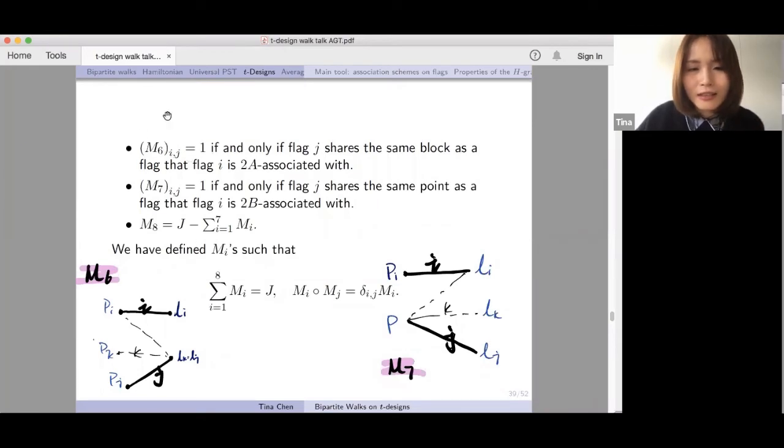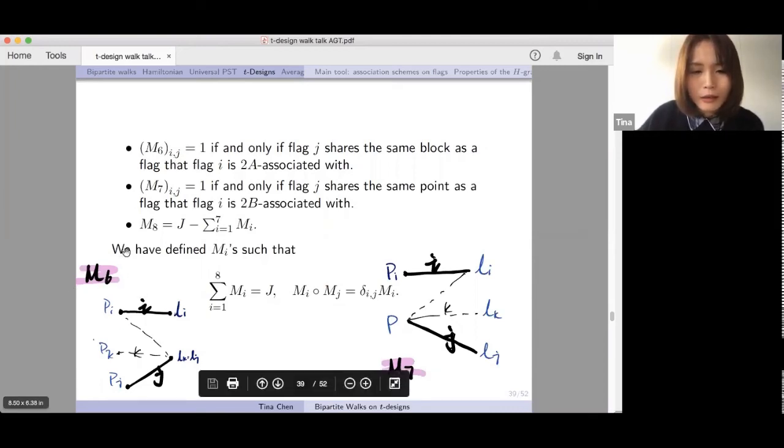M6 is a little bit complicated. We say the ij entry of M6 equals 1 if, see the drawing here, flag i is 2A associated with a flag k, and then flag j shares the same line with k.